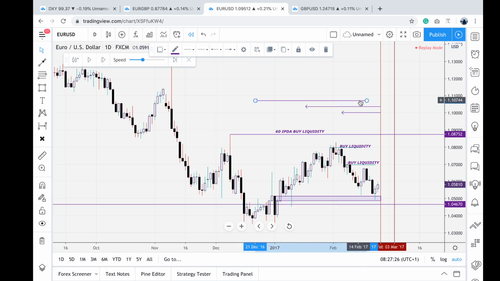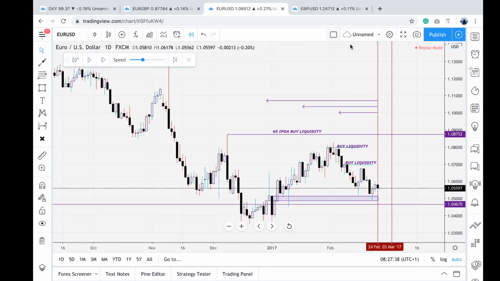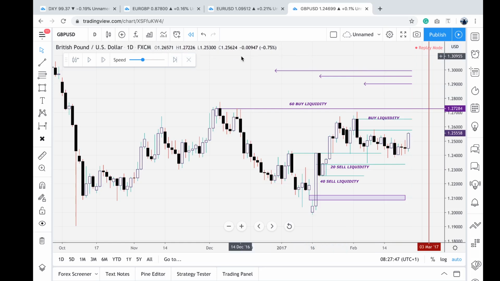Okay, so move our ranges to this price point. I think one more final week. In fourth, the dollar. Okay, so we could remove this. On British Pound Dollar, we could remove this definitely.